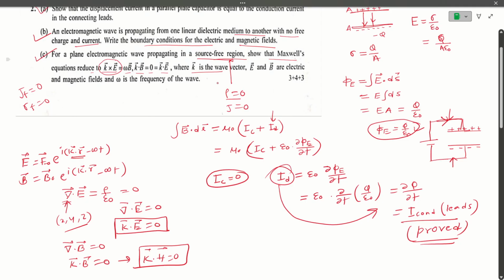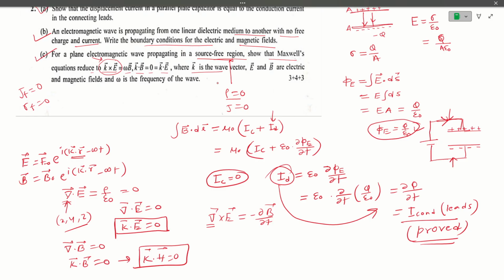Now for the second one, that is k cross E equals omega B. Next, take the third Maxwell's equation, curl E equals minus del B by del t. Similarly, curl is a position operator, a function of position only, so it operates on E and extracts only the position part.